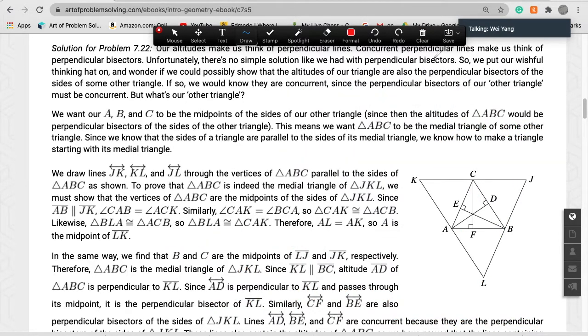Now, let's see what is the next thing they ask you to do. Next, that's D. How are the lines AD, BE, and CF related to triangle JKL?